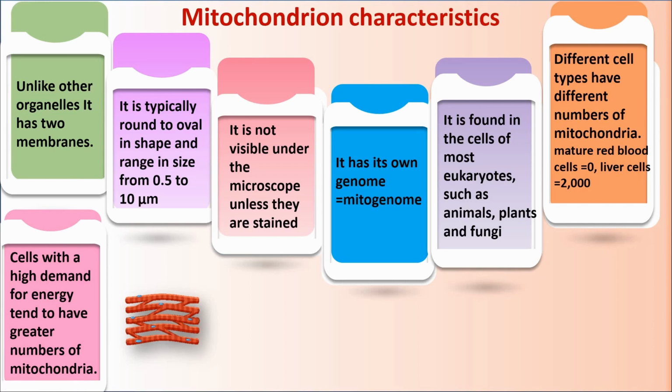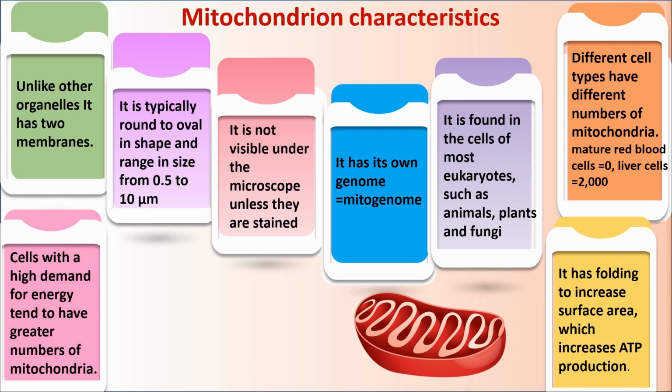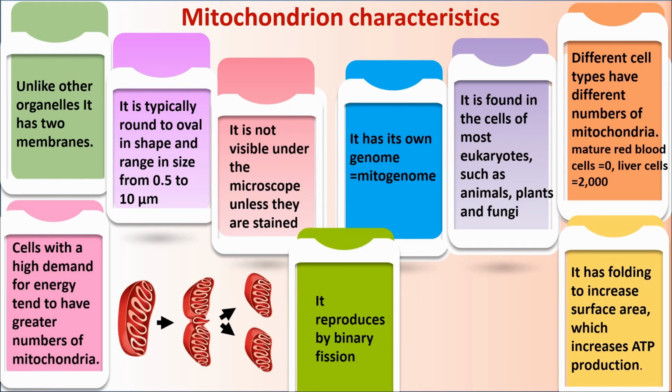Cells with high demand for energy tend to have a greater number of mitochondria, for example, heart muscle cells. It has folding to increase surface area, which increases ATP production. It reproduces by binary fission.